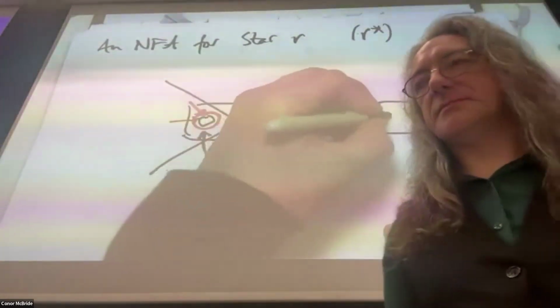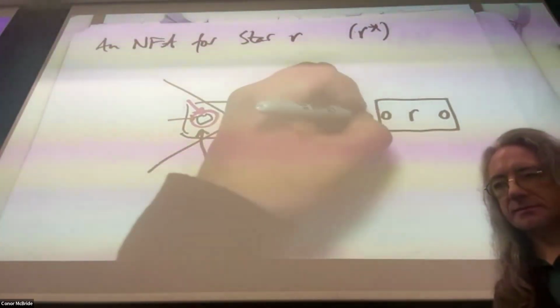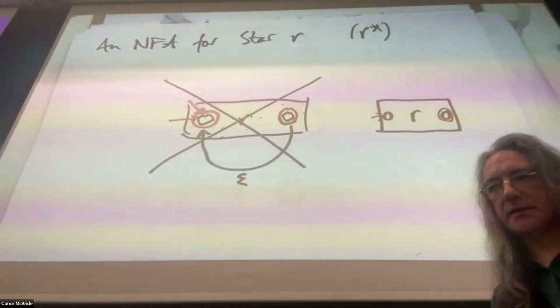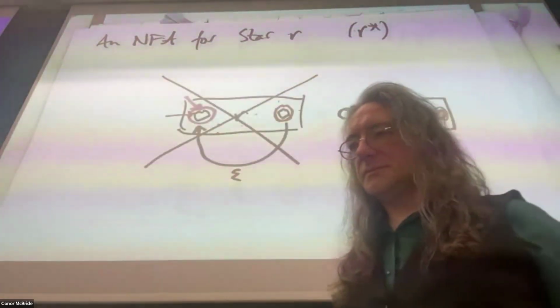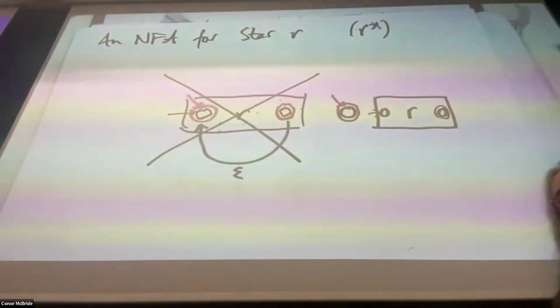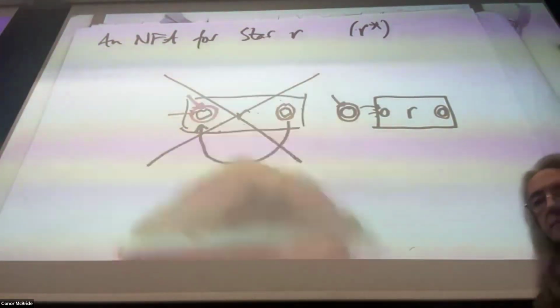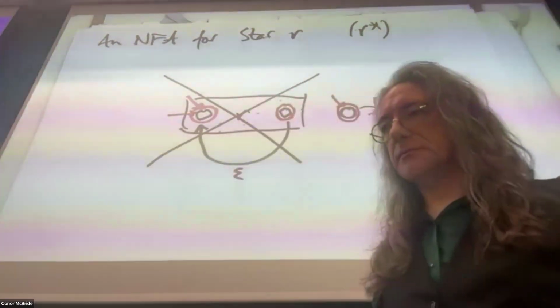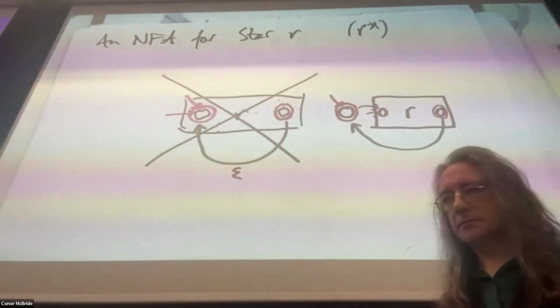I have to do instead. We just have to make our own new starting state, a new accepting state, and then an epsilon transition here, and make our epsilon transition here go back to the external state.